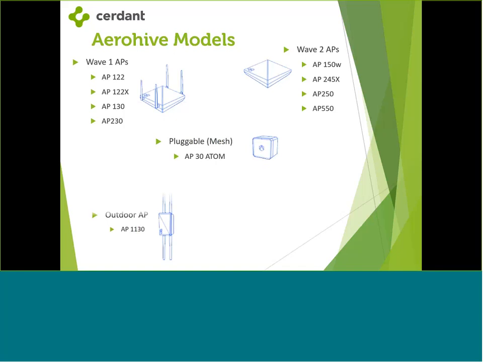But part of the reason is I could spend a whole day covering the new 802.11ax devices, all the Wave 2 devices, the pluggable mesh AP30 Atoms, their outdoor devices. This is a whole other conversation. But the biggest thing to take away from the Aerohive models is that regardless of what type of environment you have, there is a device that would fit and meet the needs that you're having in your environment.